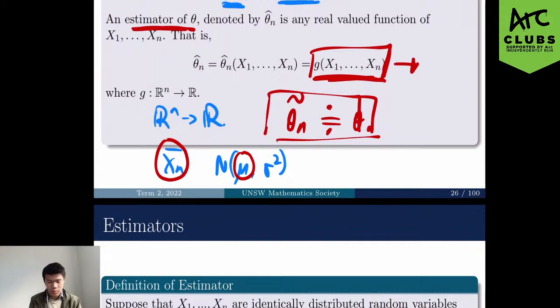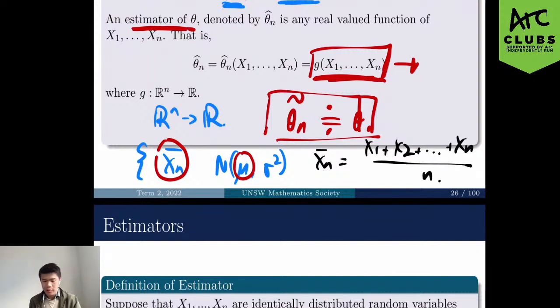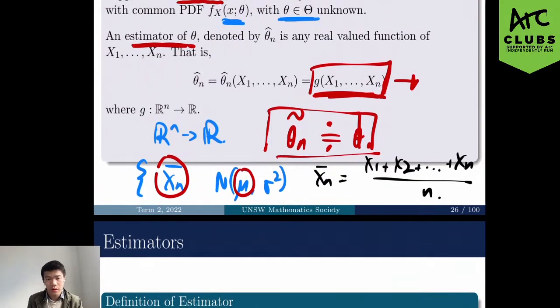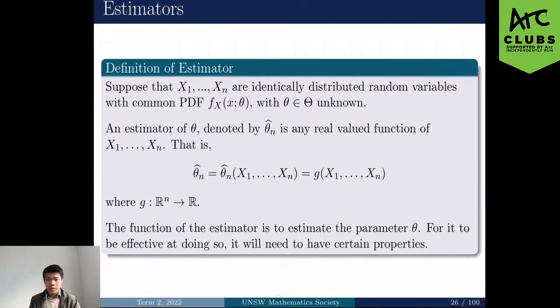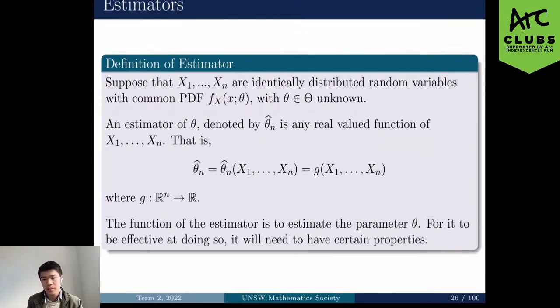So a good estimator would be, for example, the sample mean, because that takes our observations and divides them by n, right? And that is a function, that's a valid estimator. But we'll see that there are lots of different types of estimators. So the function of the estimator is to estimate theta, and for it to be effective, it will need to have certain properties. And we'll look at those just now.